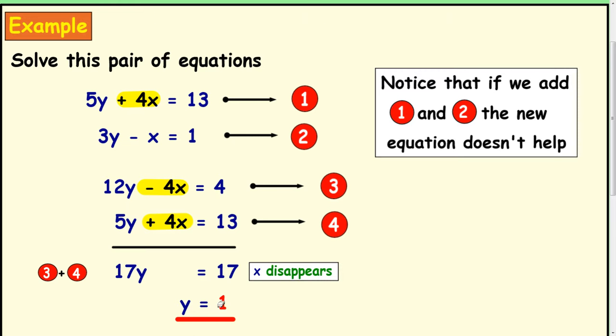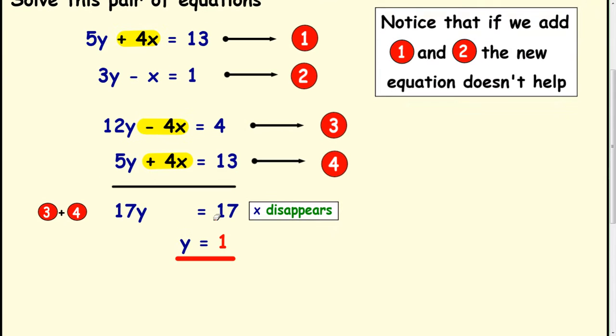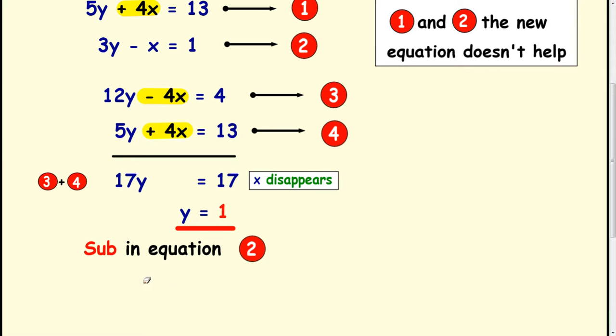Now, to get the x value, you can just do as we did before. You can substitute the 1 into either equation. I'm going to go with the second one here because it looks quite a simple one to deal with. However, you could go with the top one. So if we sub into equation 2, 3y means 3 lots of y, in this case 1, so 3 times 1 is just 3, and you take away the x and you've got equals 1.